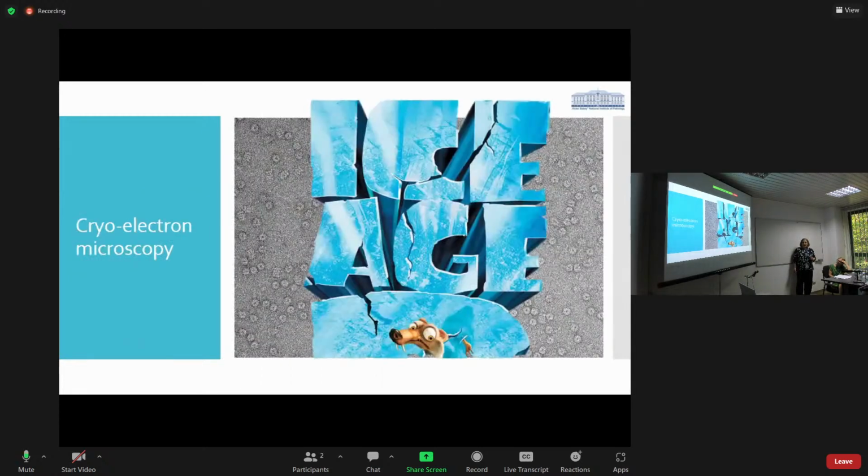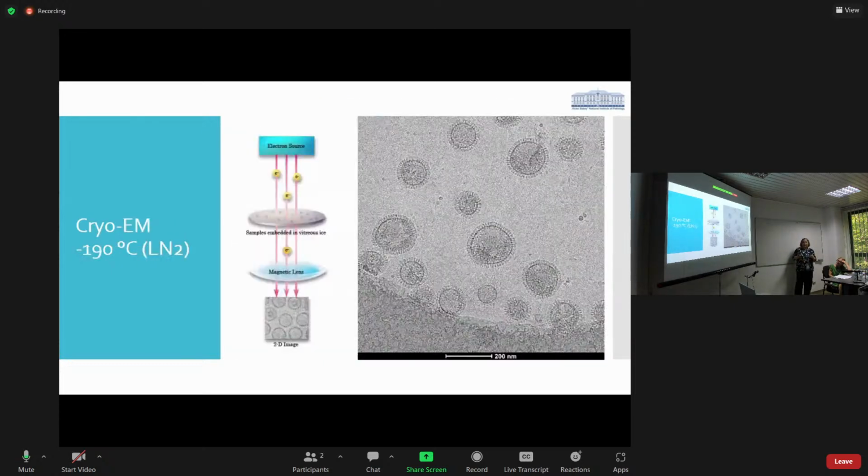In the last 10 years, maybe, electron microscopy changed a little bit. We have a new type of electron microscopy, cryo-electron microscopy. The liquid nitrogen temperature is quite stable inside the microscope, and we can see viral particles or any kind of molecules frozen in a thin layer of vitreous ice in a state most appropriate to native states.